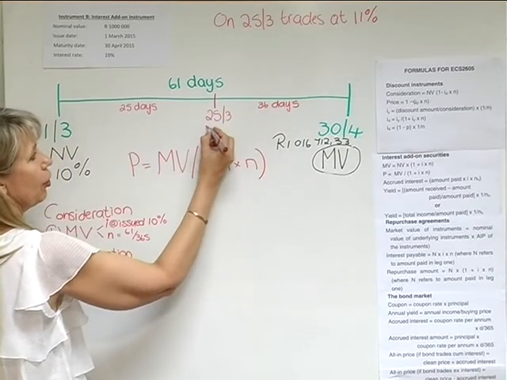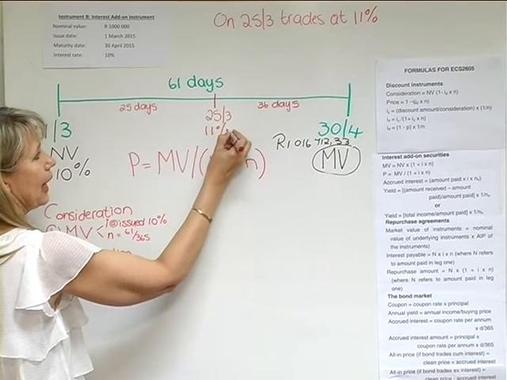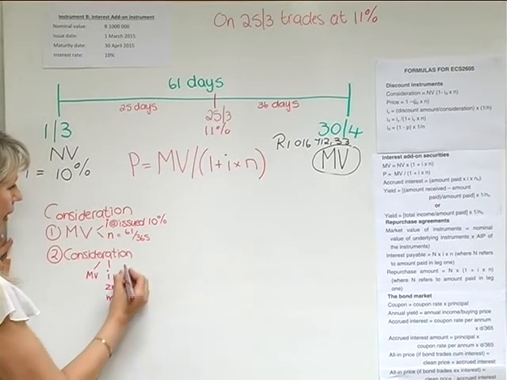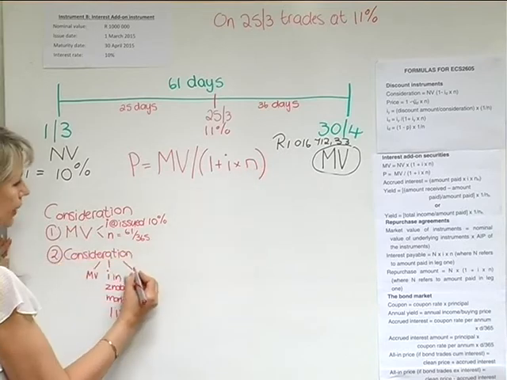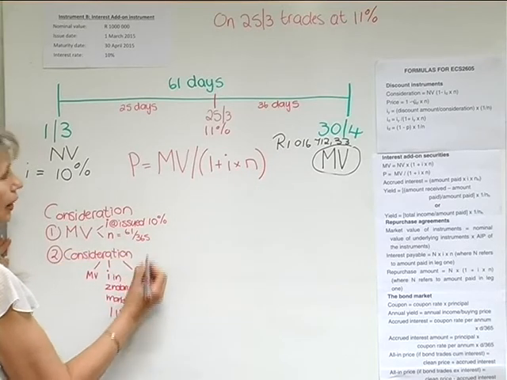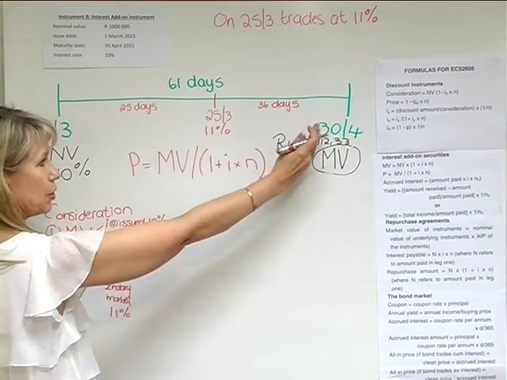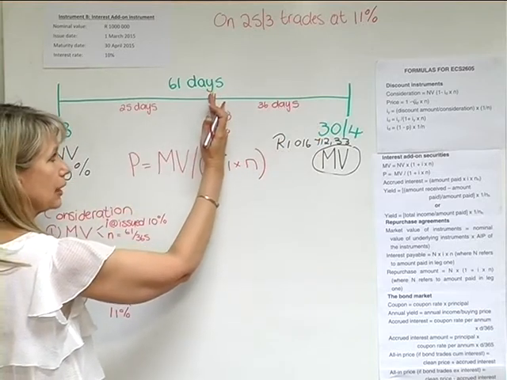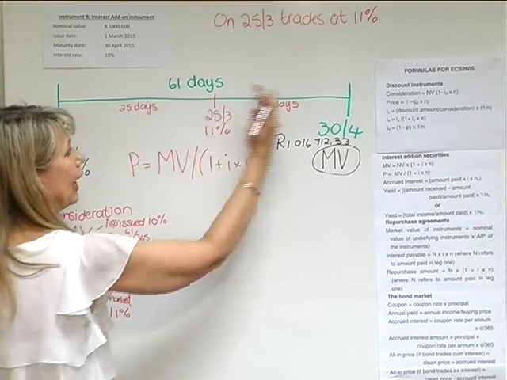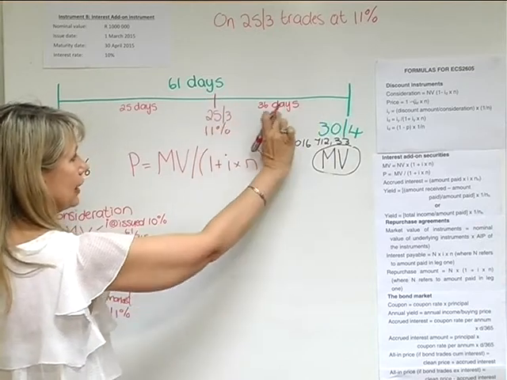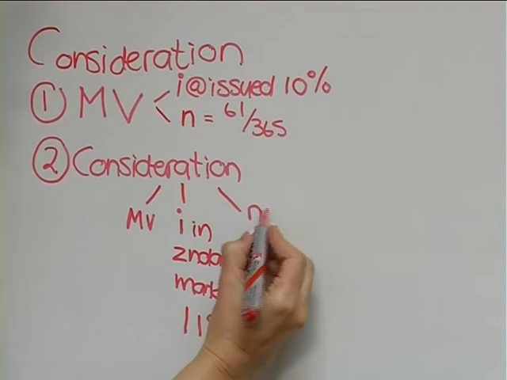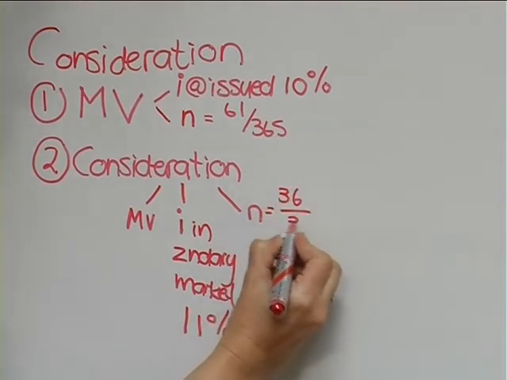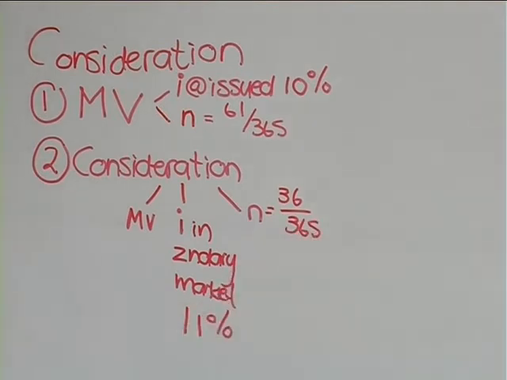On the 25th of March, it trades at 11%. And you are going to use N, which is now the period left until maturity, so not the full period, only from the date of the secondary transaction until the maturity date. So that is 36 days. So to calculate N, you're going to use 36 divided by 365.